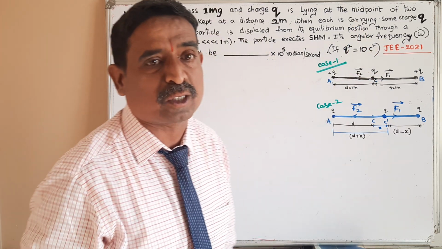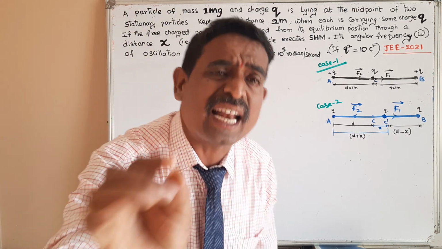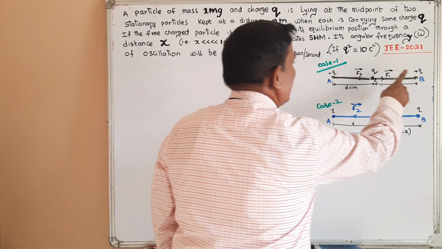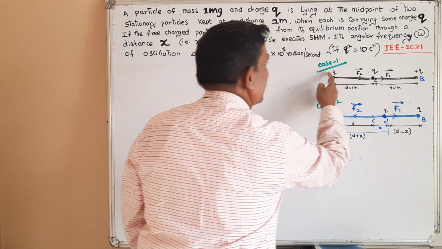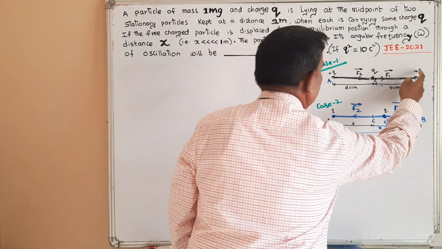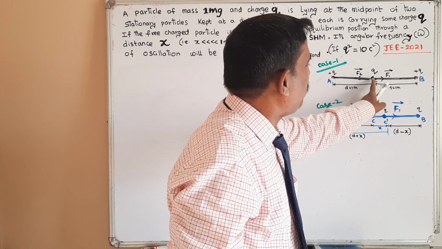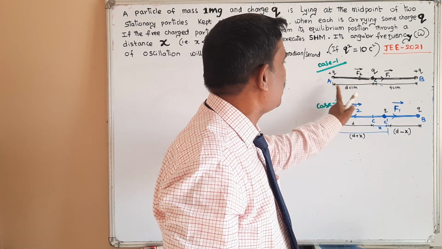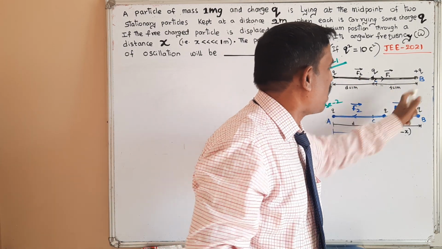Now, there are two stationary particles situated at A and at B. These stationary charged particles are separated by a distance of 2 meters. C is the midpoint of the charged particles. Total distance 2 meters, this is 1 meter, this is 1 meter.